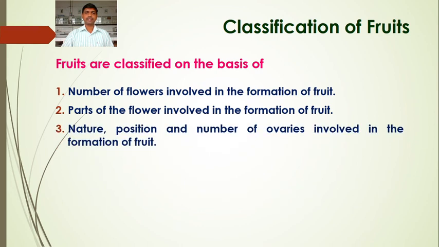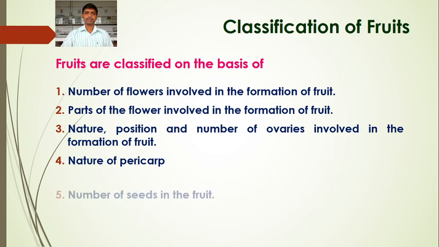Nature, position and number of ovaries involved in the formation of fruit: the number of ovaries, and the position of the ovary, whether it is superior or inferior. This is another criterion for the classification of fruits. Third, nature of pericarp forms one of the bases for classification.